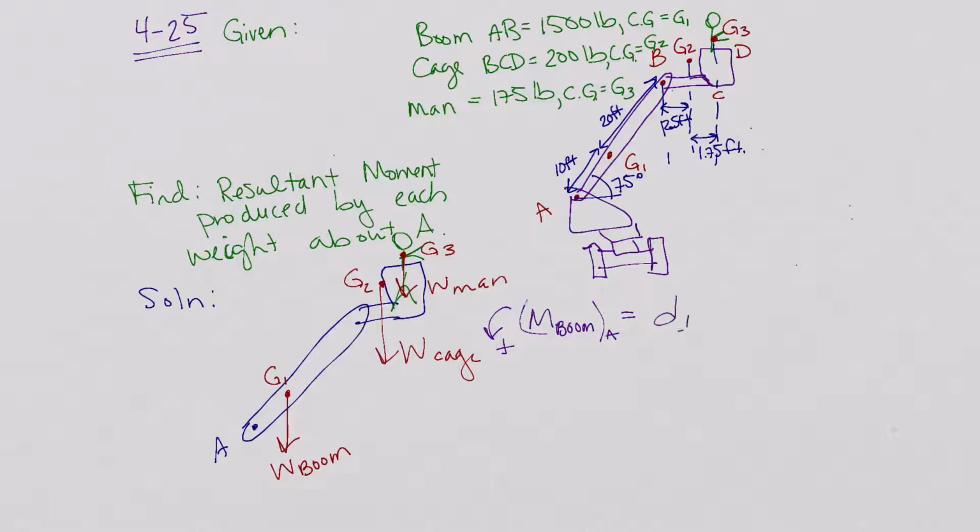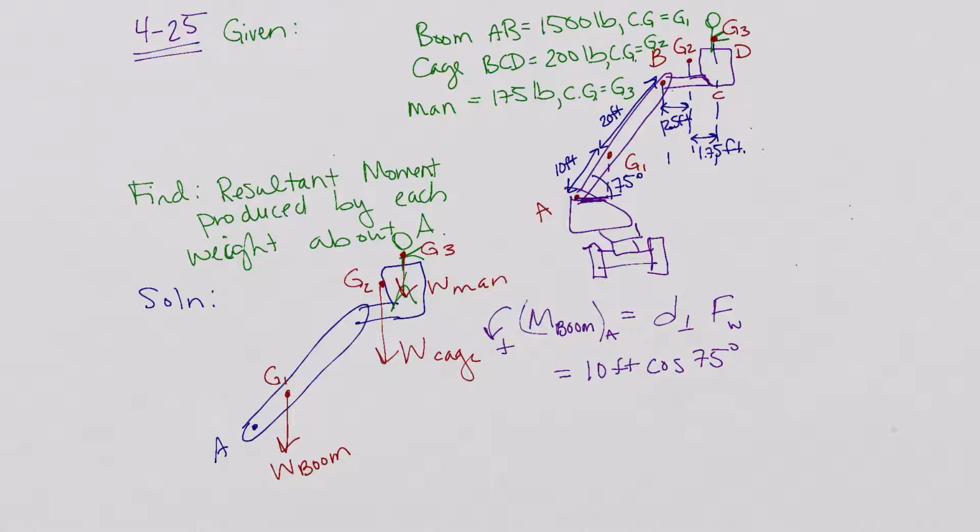So let's do the perpendicular distance times the force due to the weight. The perpendicular distance, we can just do 10 feet times the cosine of 75 degrees. So that's going to give us this distance right here. That's the perpendicular distance, and then times that force of the weight.